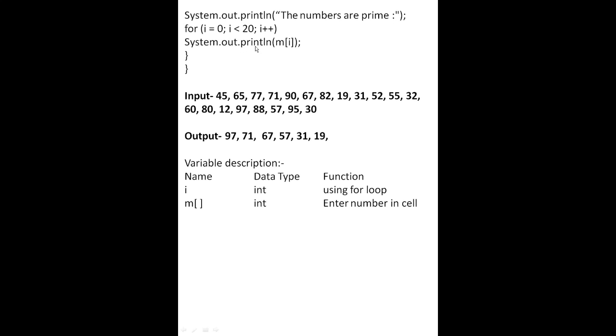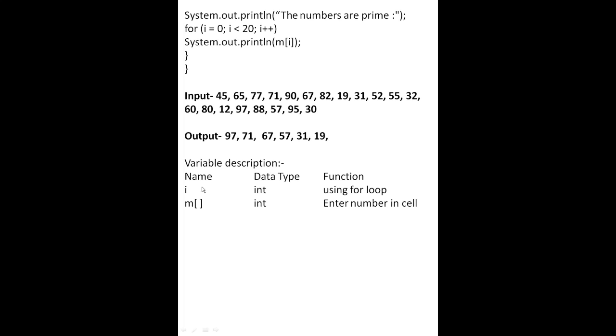For i, the mi numbers which are stored, those numbers are prime, otherwise they are not prime. Suppose we have input these 20 numbers, then the output will be 97, 71, 67, 57, 31 and 19. Because the prime numbers are those numbers which are divided by itself and the remainder becomes 0.